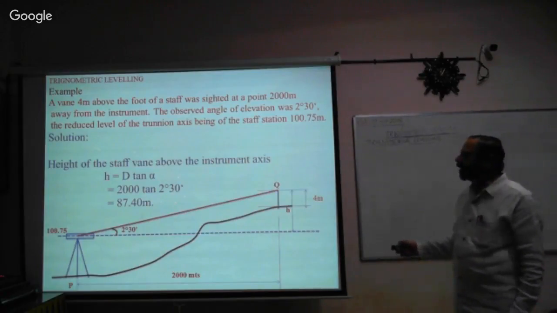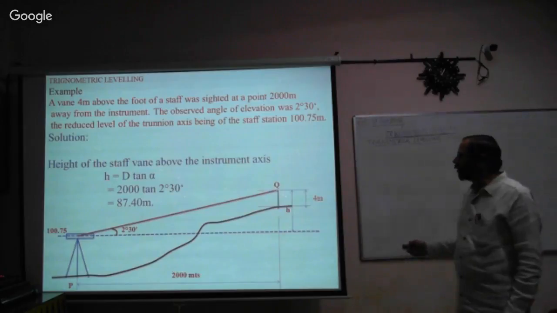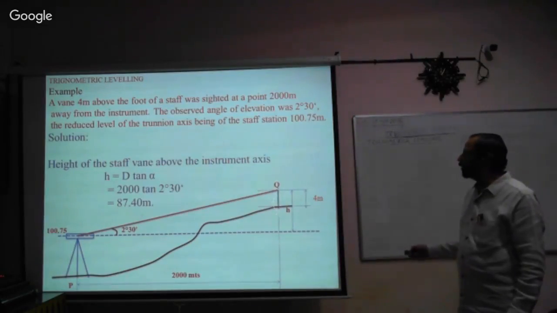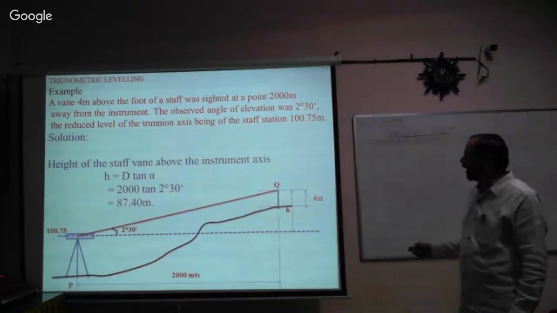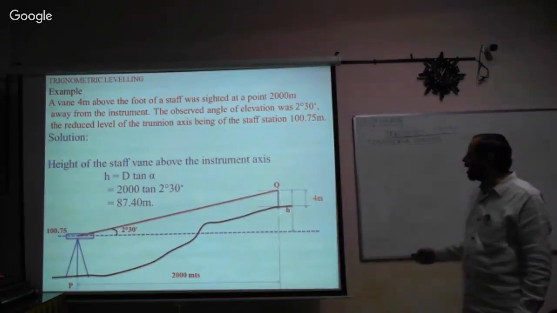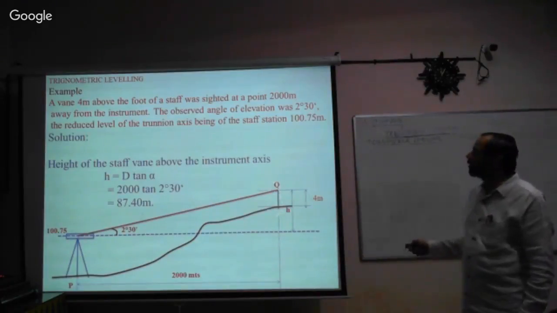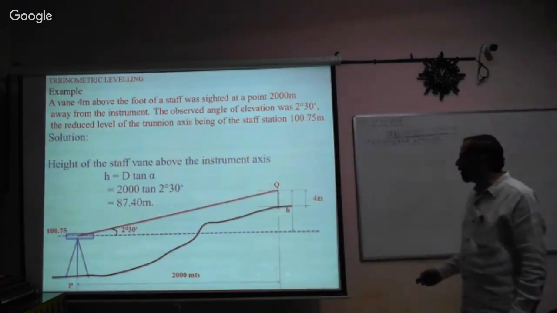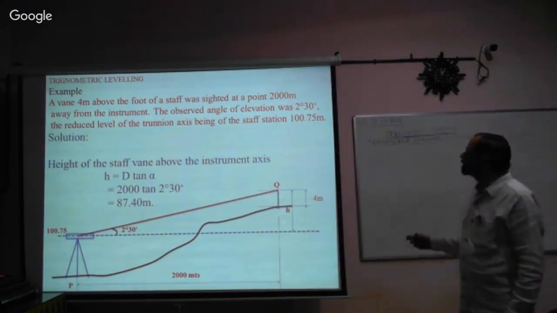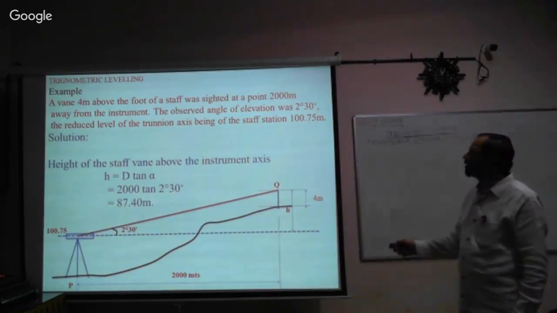Now see, a vane 4 meters above the foot of a staff was sighted at a point 2,000 meters from the instrument station, away from the instrument station.